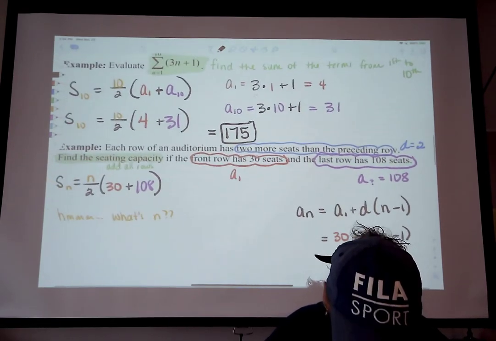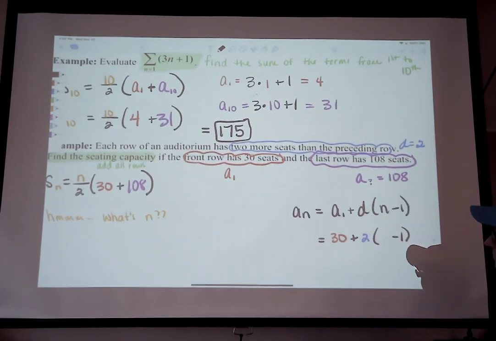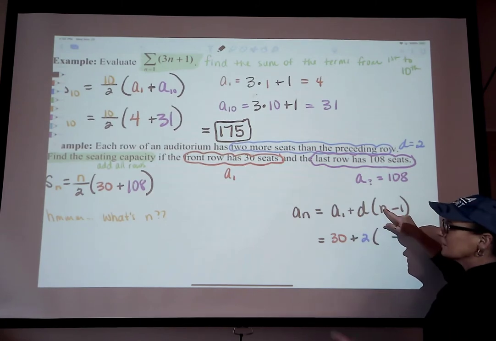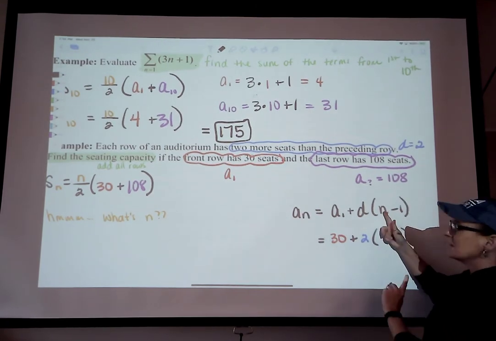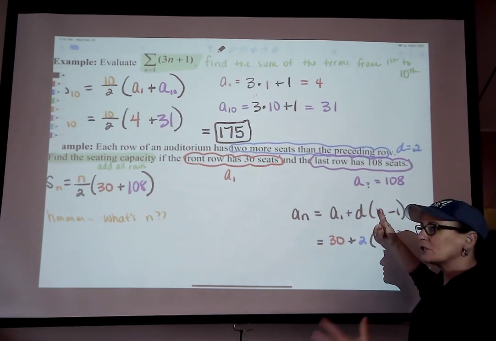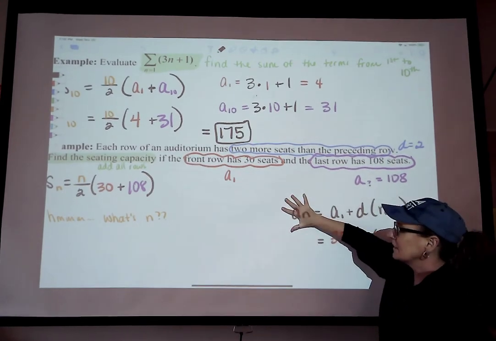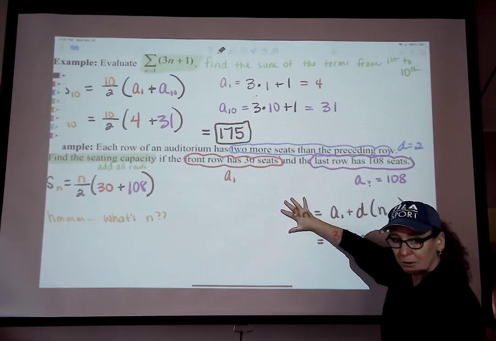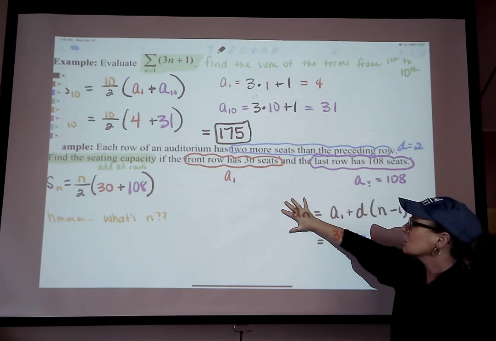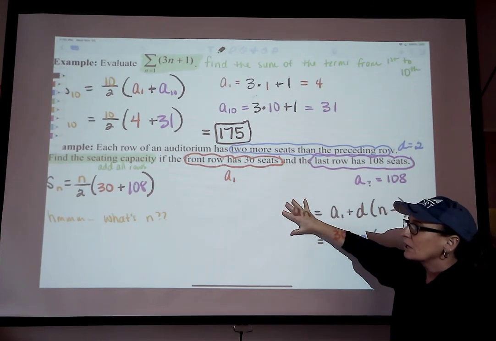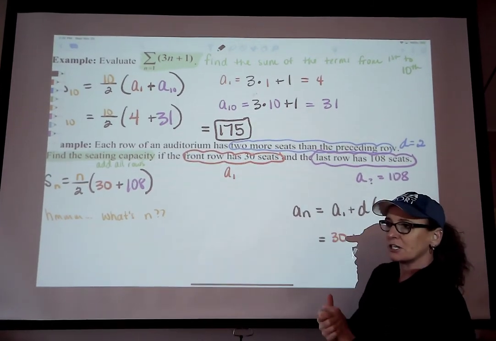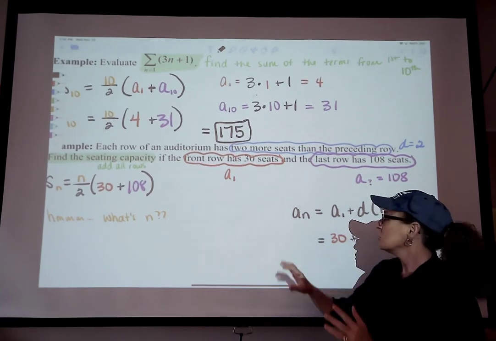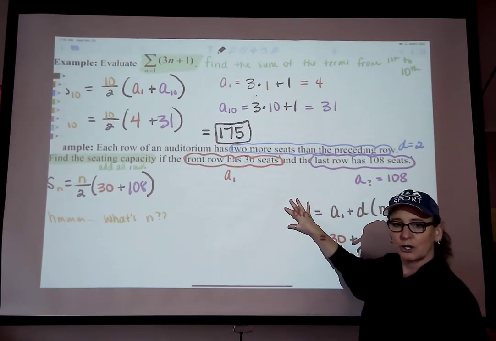Now, these two kind of go together, remember? This is what number of a term it is, and this is what the actual term is. So look back at the information. I have the first term. Do I have another actual term?